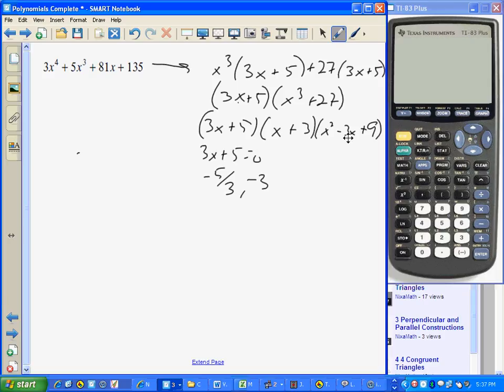So I'm going to take negative b, it's going to be positive 3 plus or minus the square root of b squared, which would be 9, minus 4 times a, which is 1, times c, which is 9, divided by 2a, which is just 2. 4 times 9 is 36. 9 minus 36 is negative, and I can't square root a negative, so these turn out to be imaginary answers.